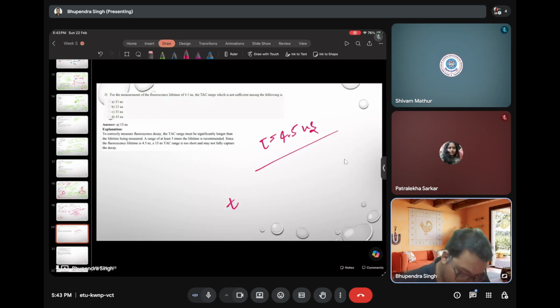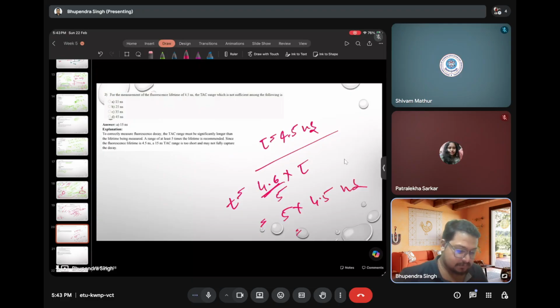This is also simple: 5 times tau. Let's say I'm approximating this to 5. So it will be 5 into 4.5 nanosecond. Now you can calculate. So it will be 5 into 5, which is 25 nanosecond.